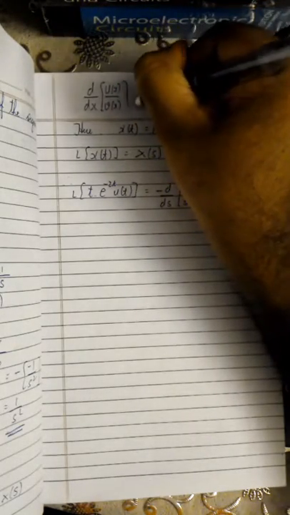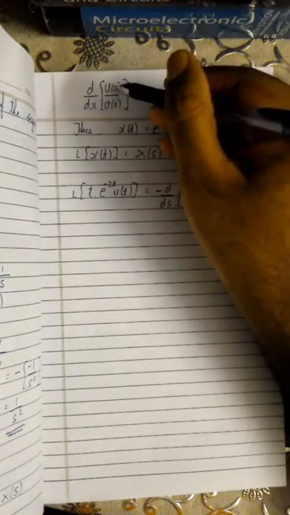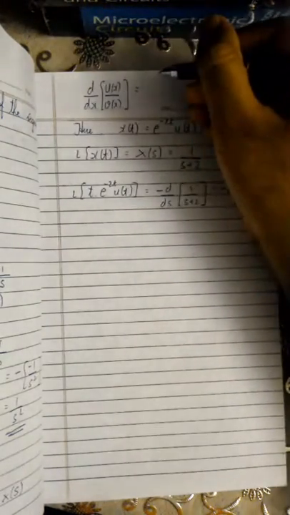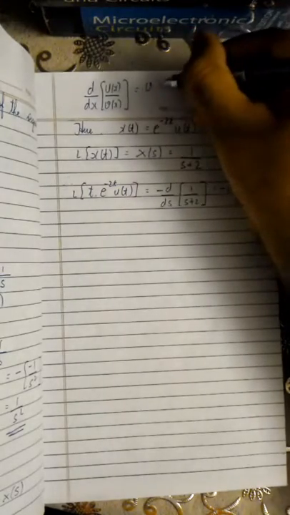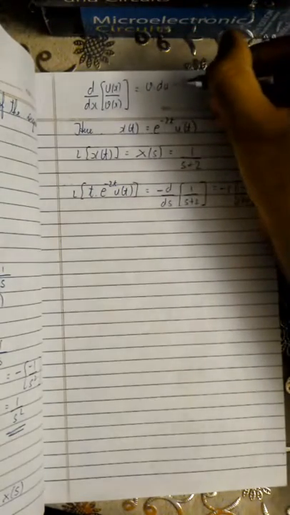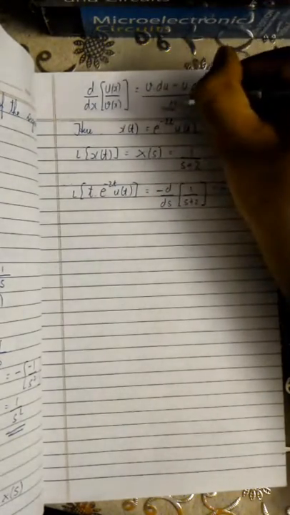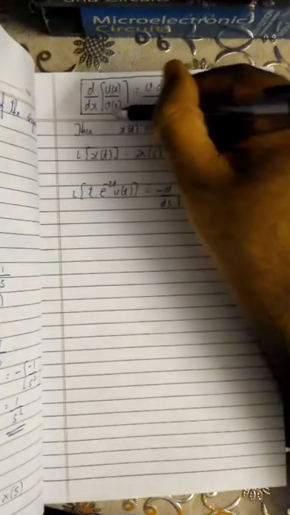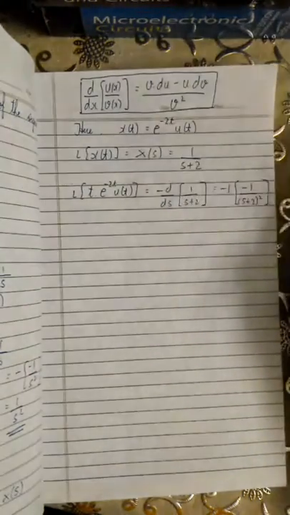I think all of you know this equation, you have learned this in school days. d by dx of u by v is nothing but v into du minus u into dv by v square. Just apply this equation in case you are having doubt of how to find the differentiation. Otherwise, if you can do it mentally, you can write like this.